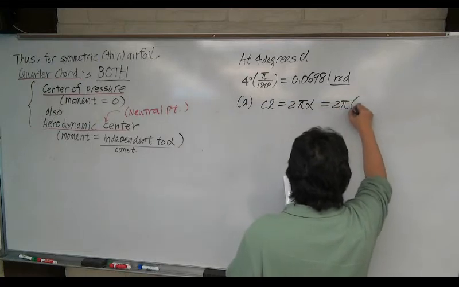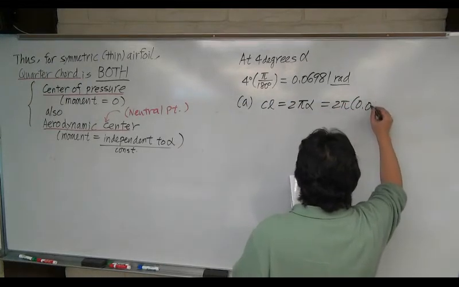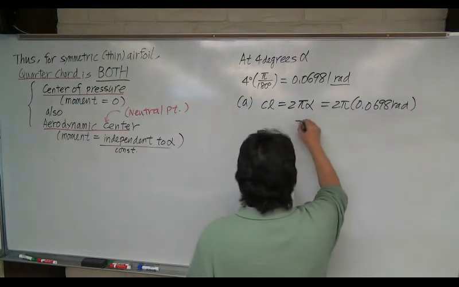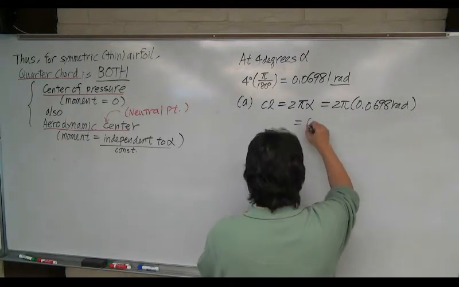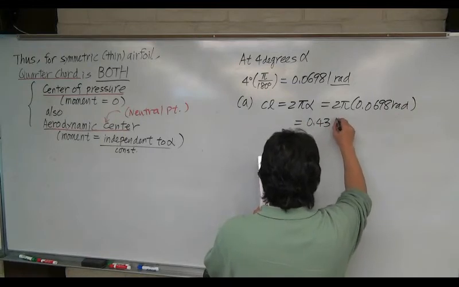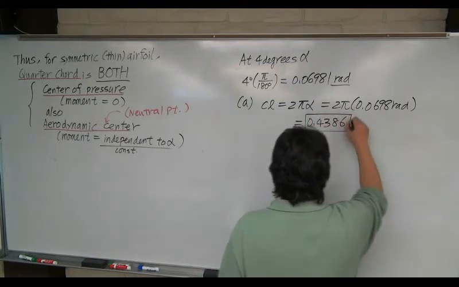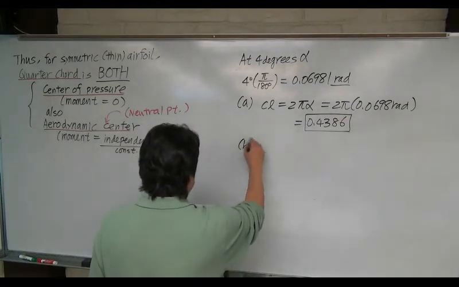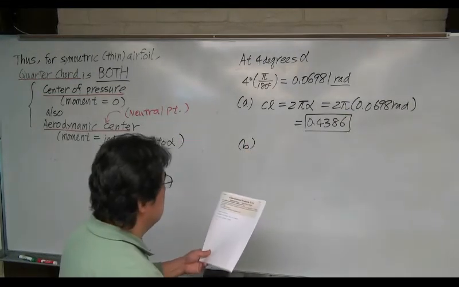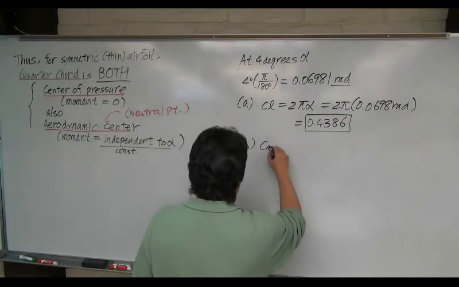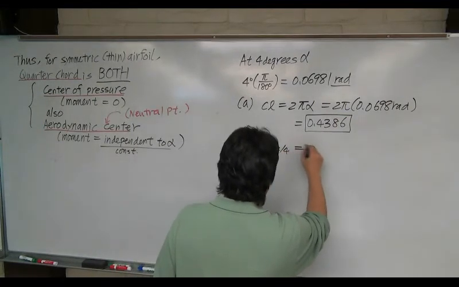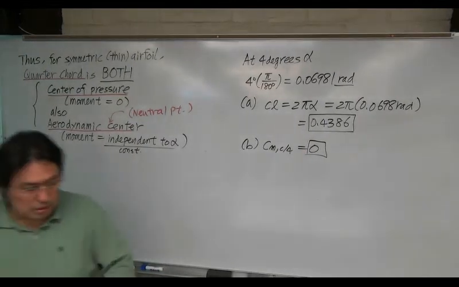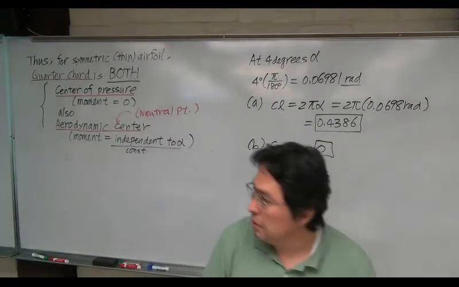So this is 2 pi times 0.0698 radians, which is equal to 0.4386. This is the lift coefficient at 4 degrees. Part B. What is the moment coefficient at the quarter-chord? It's 0, right?